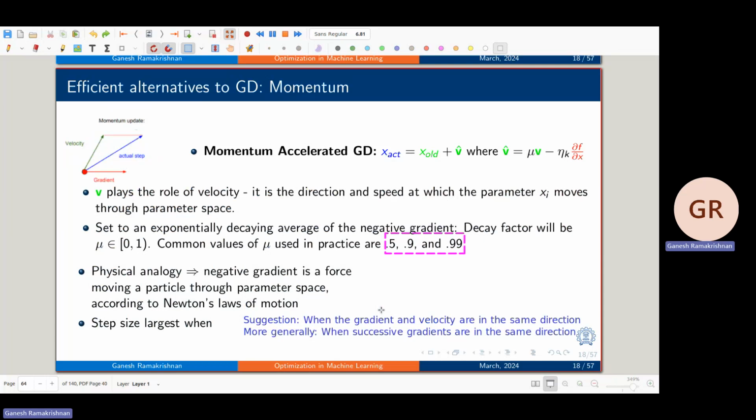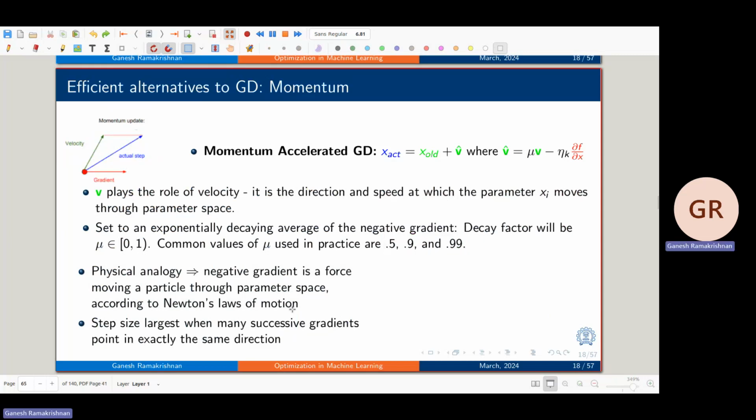When the gradient and velocity are in the same direction, the step size will be largest, as both of them are aligned, or when successive gradients are in the same direction. So step size is largest when many successive gradients point in exactly the same direction. They're all very intuitive.